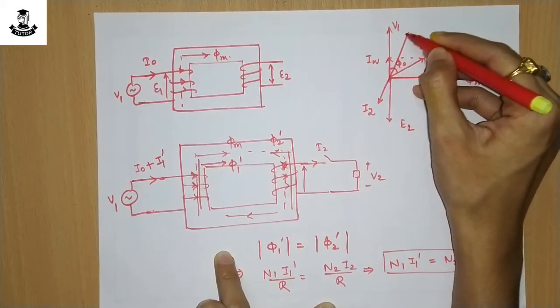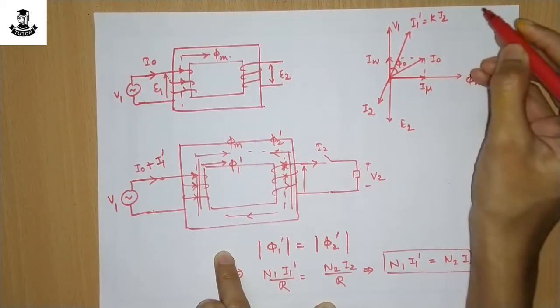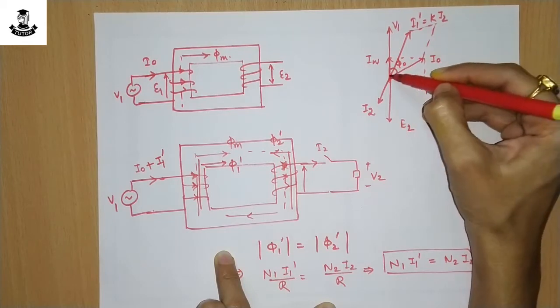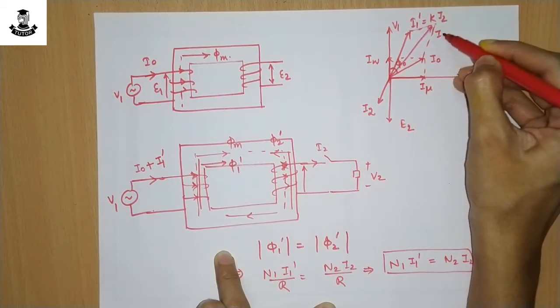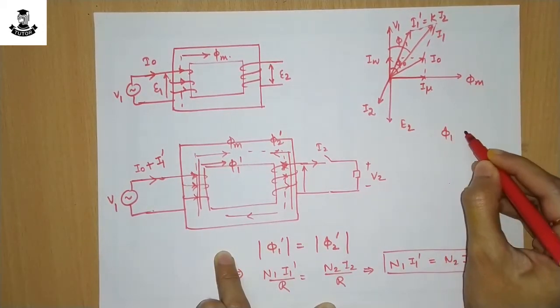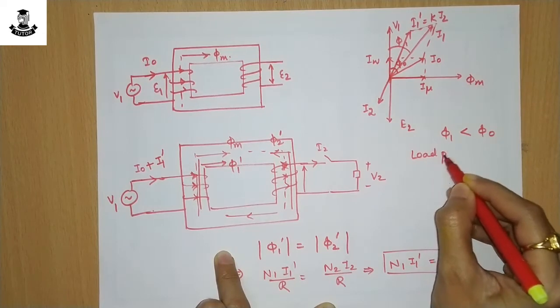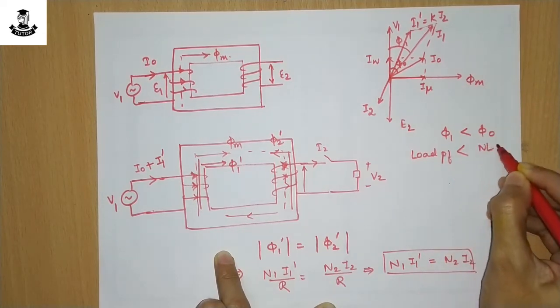Its component on the primary side I1 dash, which is K I2, together primary current is I1, power factor phi 1. As we can say, phi 1 is less than phi 0, hence load power factor is less than no load power factor. Next, let us see transformer with winding resistance.